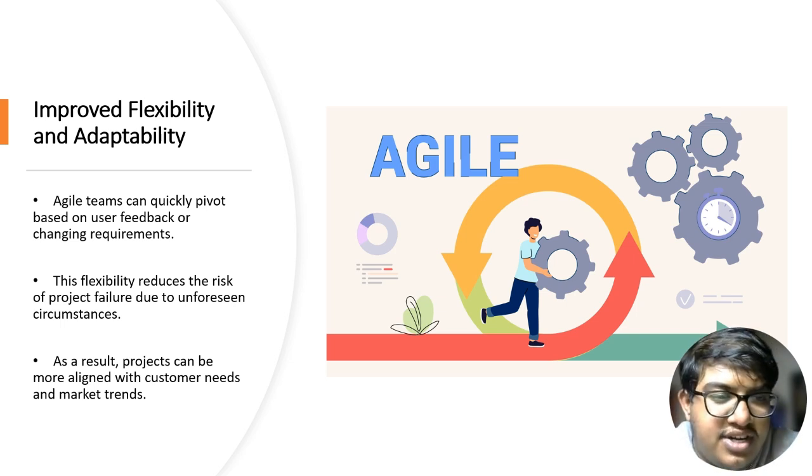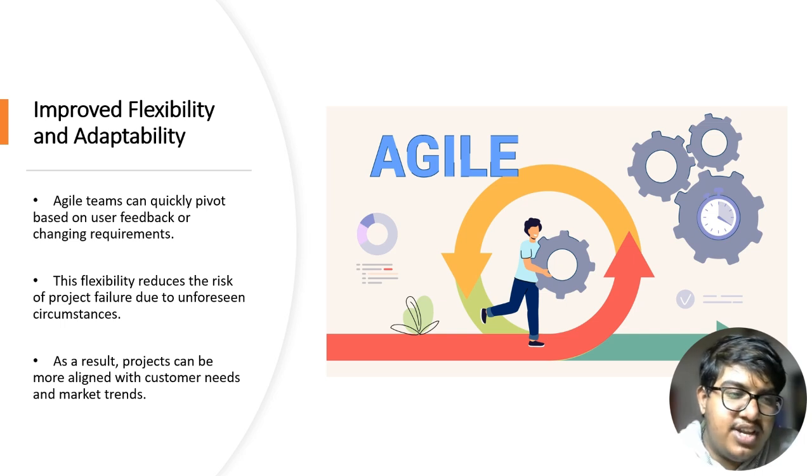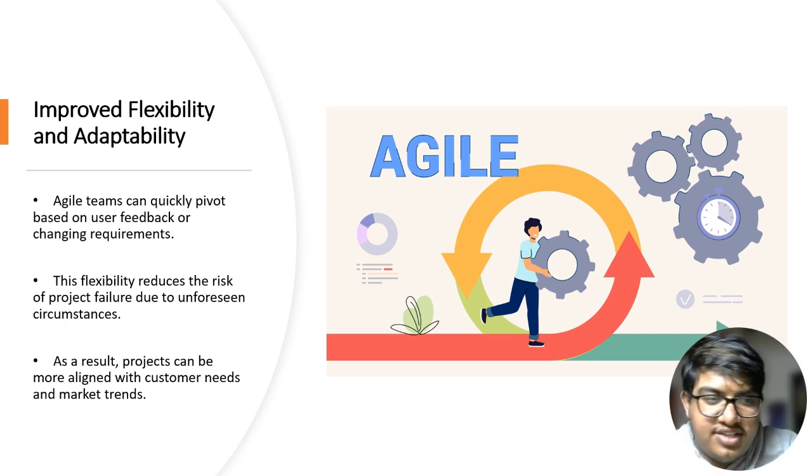This flexibility reduces the risk of project failures due to unforeseen circumstances. Since you are guided through feedback most of the time, it reduces the risk factors. You see a high drop in the number of risks. As a result, the project can be more aligned with customer needs and market trends.